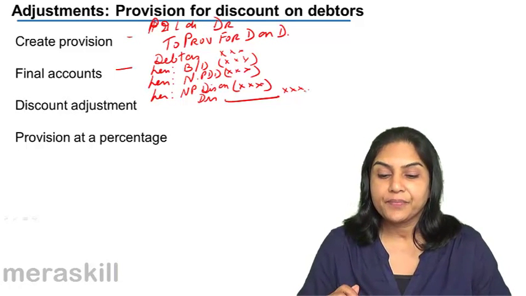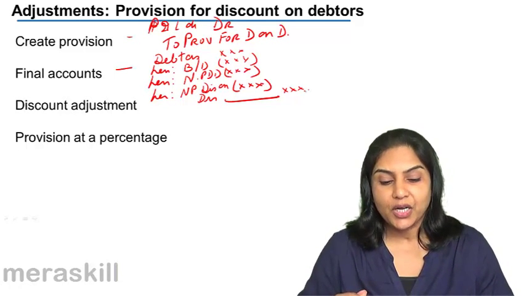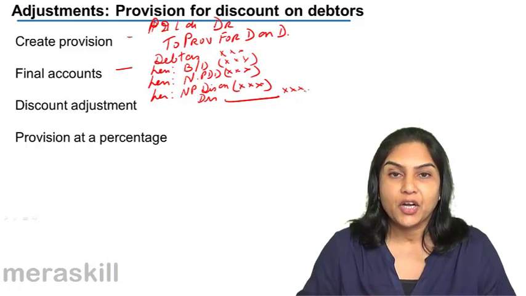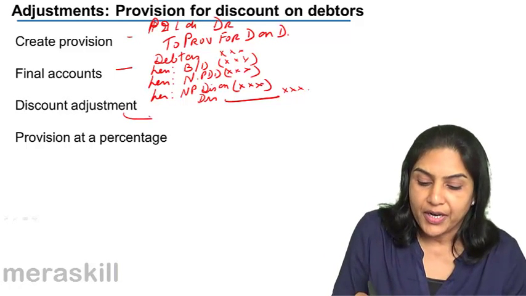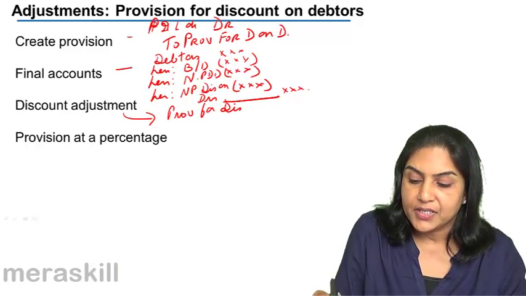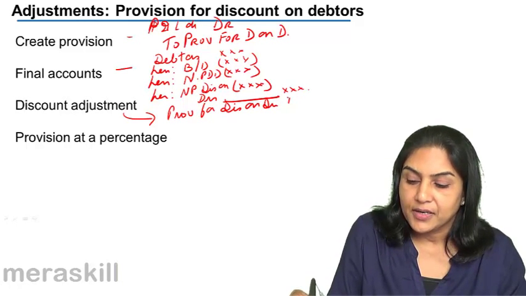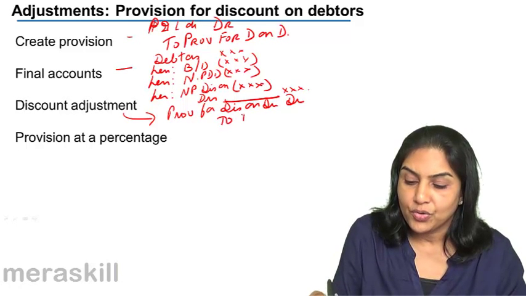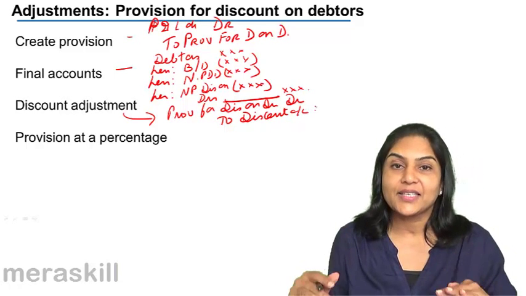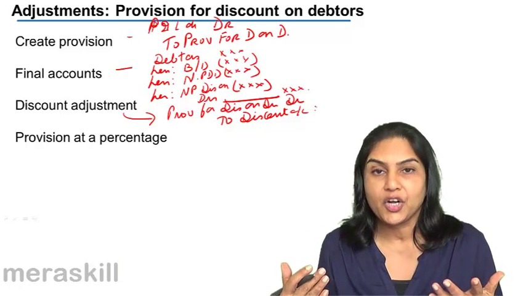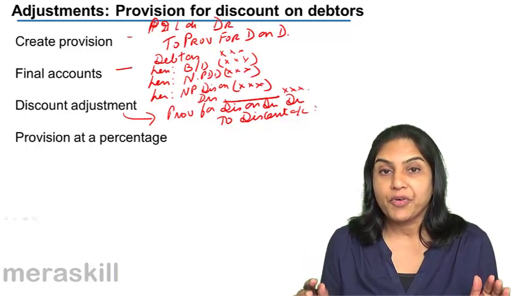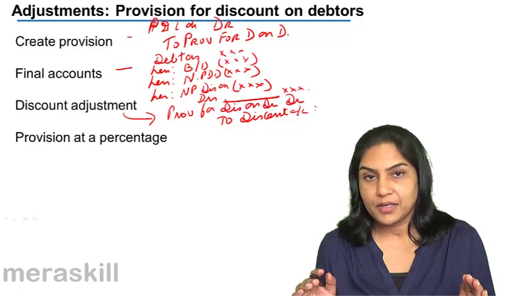So the entry for transferring the discount account to the provision instead of profit and loss would be: provision for discount on debtors debit to discount account. So discount account to customer, and this discount, instead of being transferred to the profit and loss account, can be transferred to the provision for discount on debtors account, provided such a provision exists.